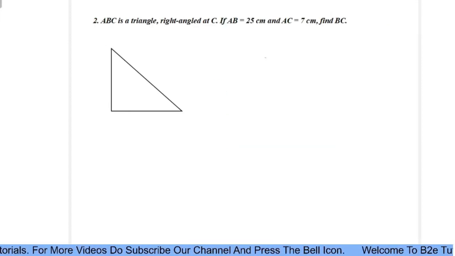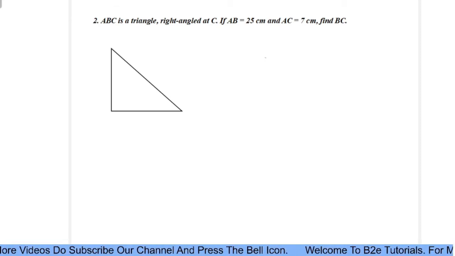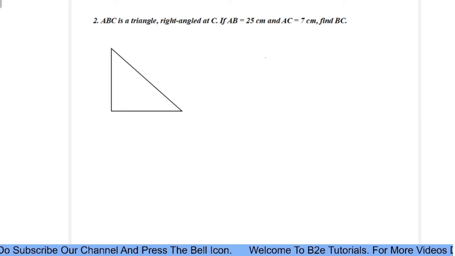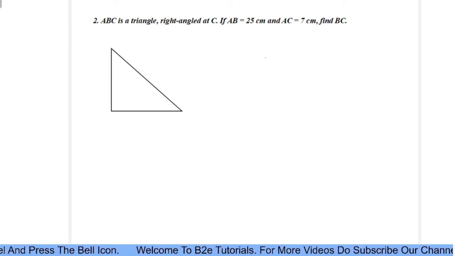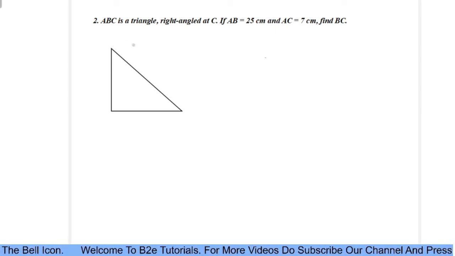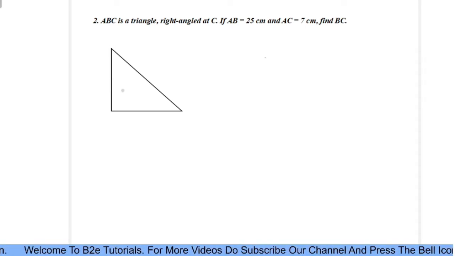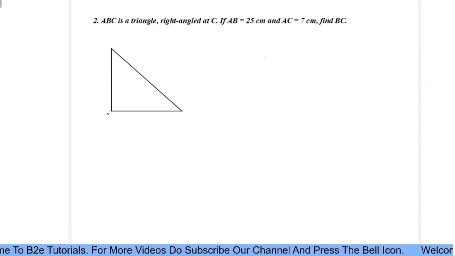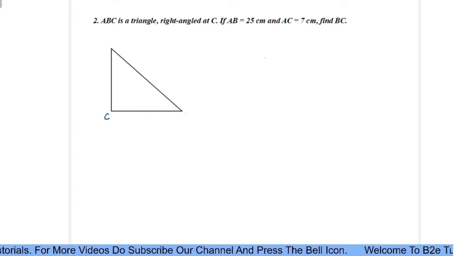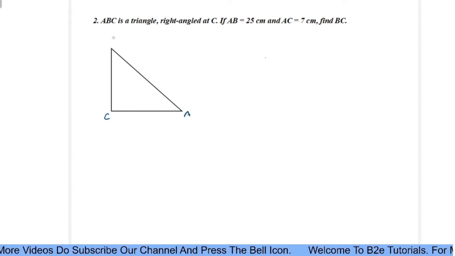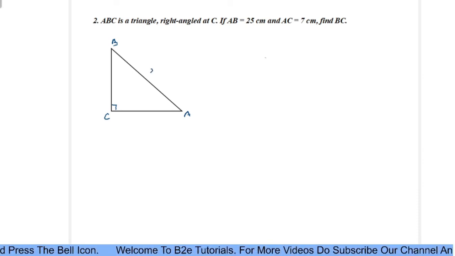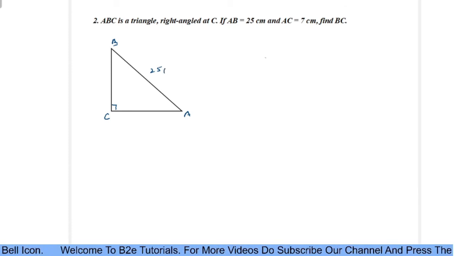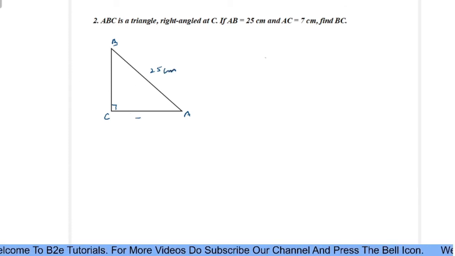Question number 2. In triangle ABC is a triangle right angle at C. If AB equal to 25 centimeter and AC equal to 7 centimeter, find BC. Here, take this triangle. It is right angled at C. Right here C. Then A and B. Here AB is 25 centimeter and AC is 7 centimeter.